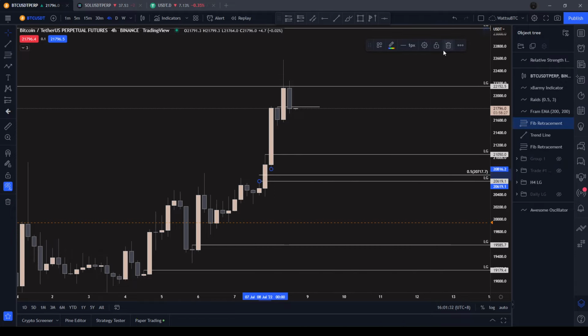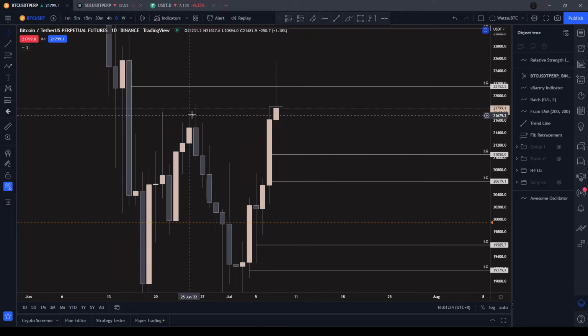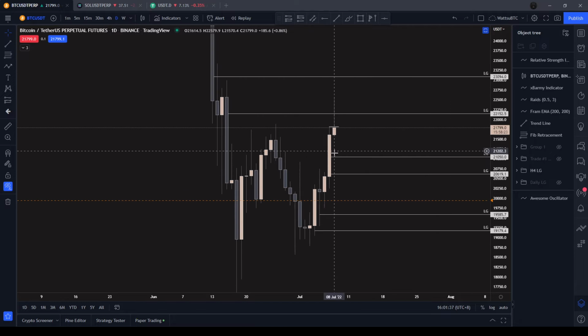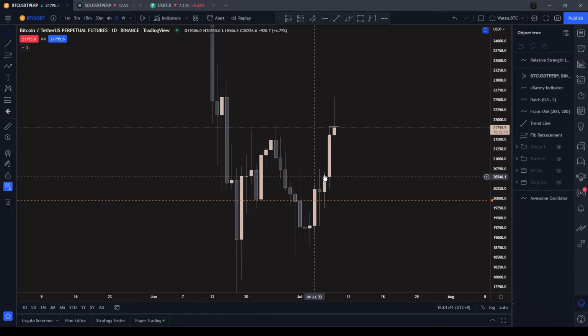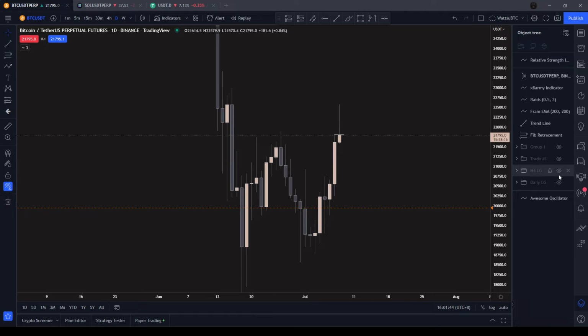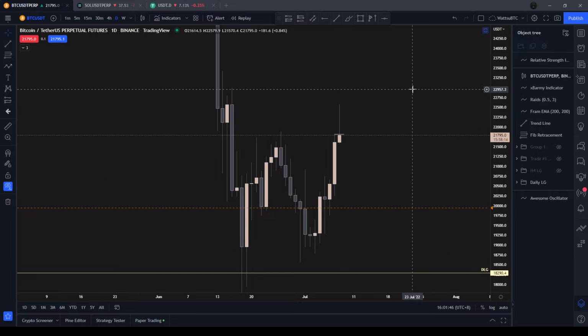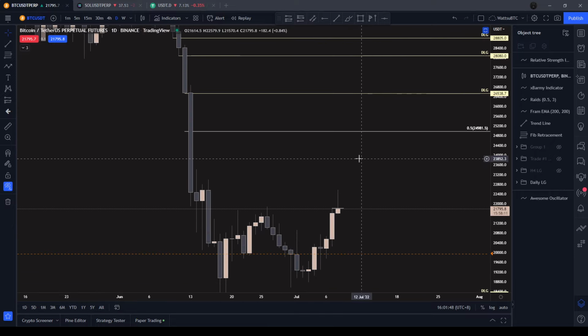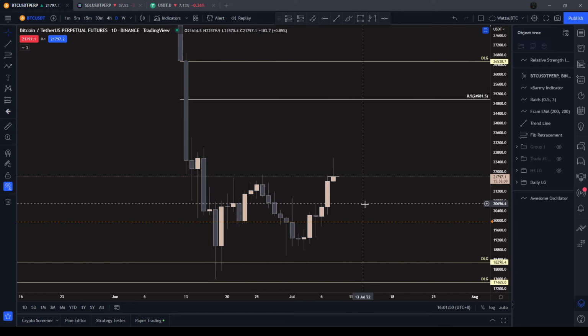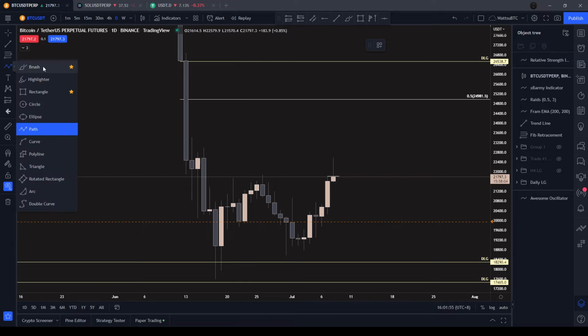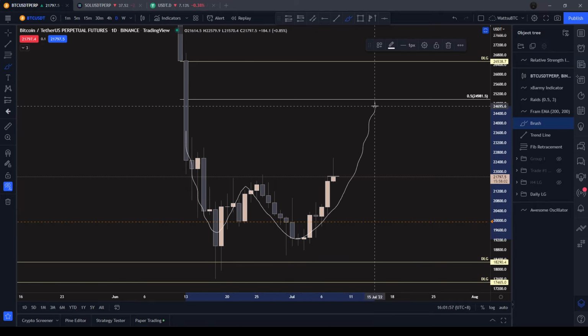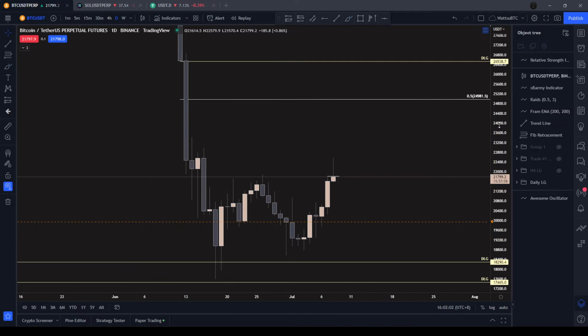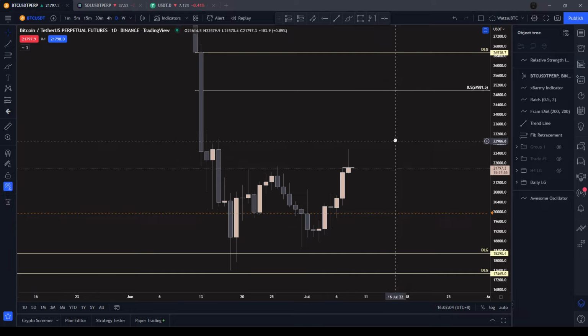But if we look at the daily again, since we haven't taken any daily liquidity gap, we would still expect price to keep going up, at least to the 0.5 to rebalance the market.